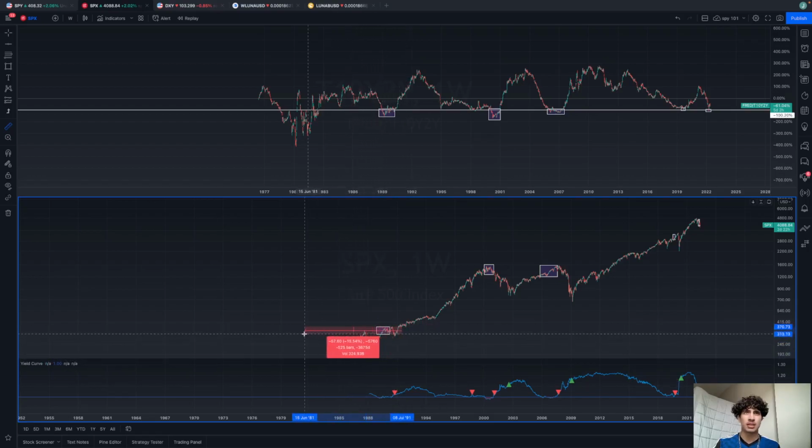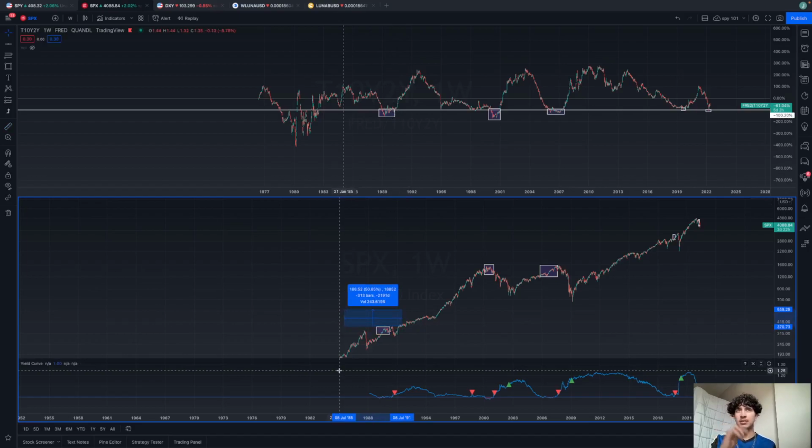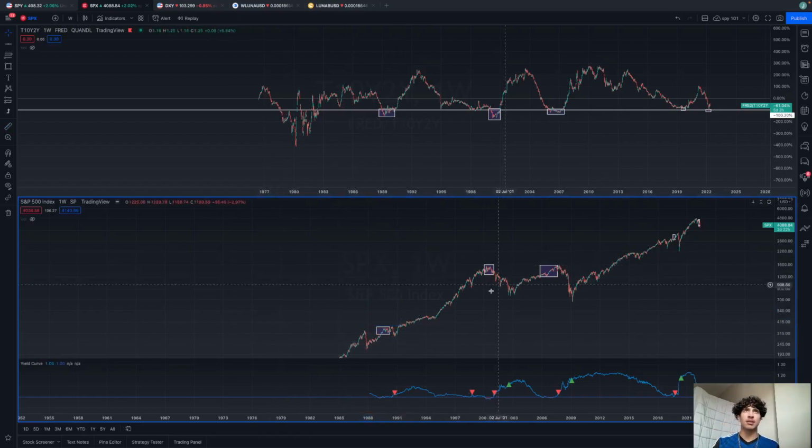This is 20% in probably a few weeks, a few months. And then you had it again, a topping process right before the dot-com bubble burst in 2000. The yield curve went inverted, and we hadn't really started dropping yet, and then it started going back up, and then we started crashing.